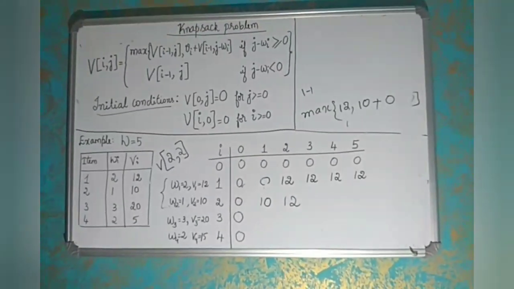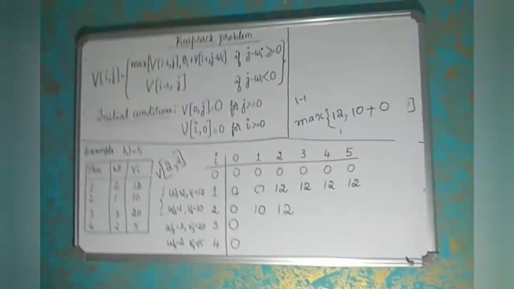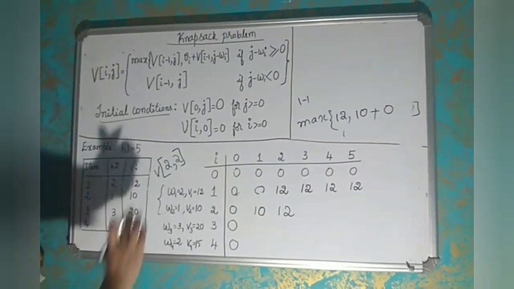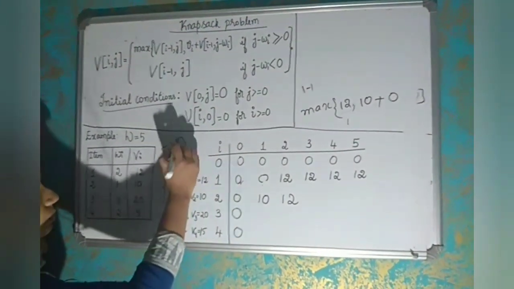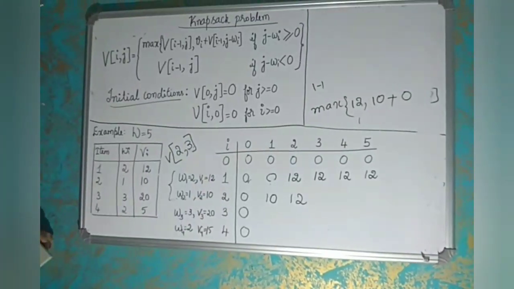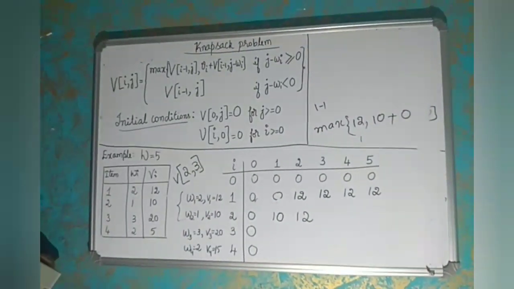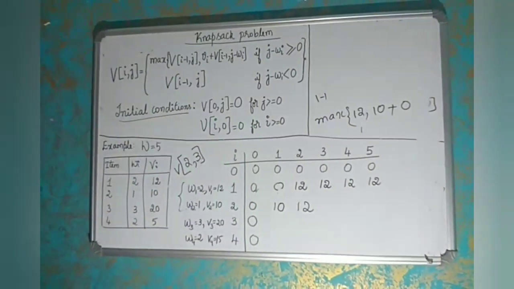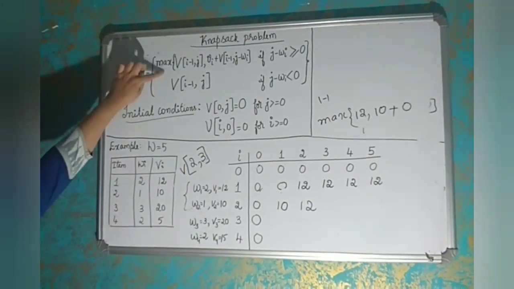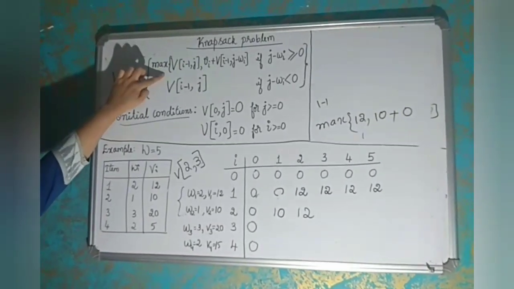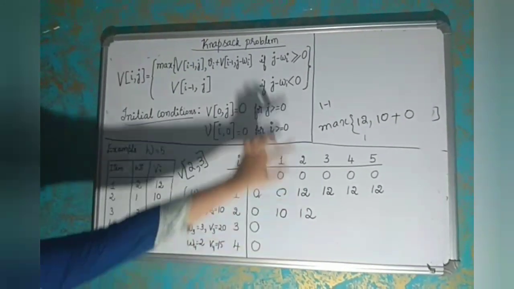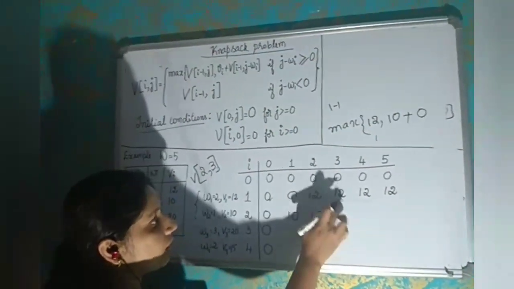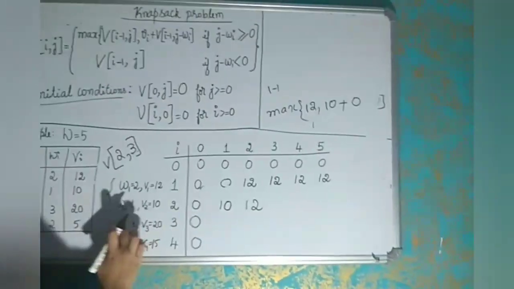Now next we'll go to the third value. So we are finding V of 2 comma 3. Even here the j value is greater than the weight. 3 is greater than the weight. So of course it will come to the first case. So max of the previous value. Previous value is what? 12. Comma, value of the item.